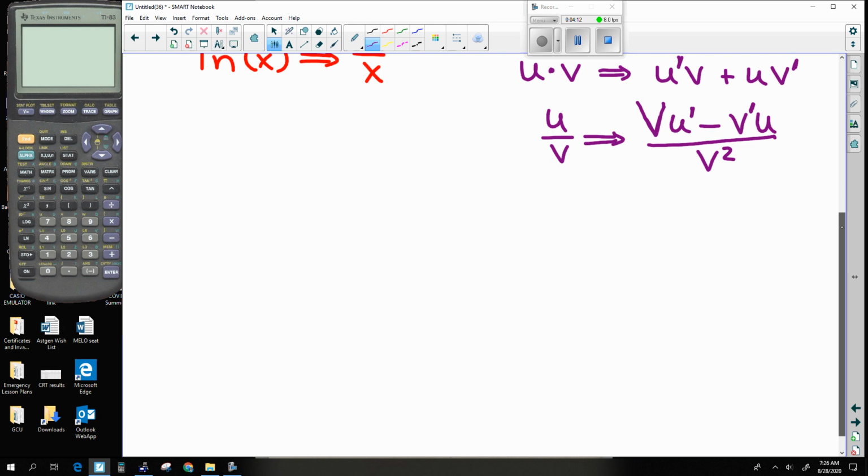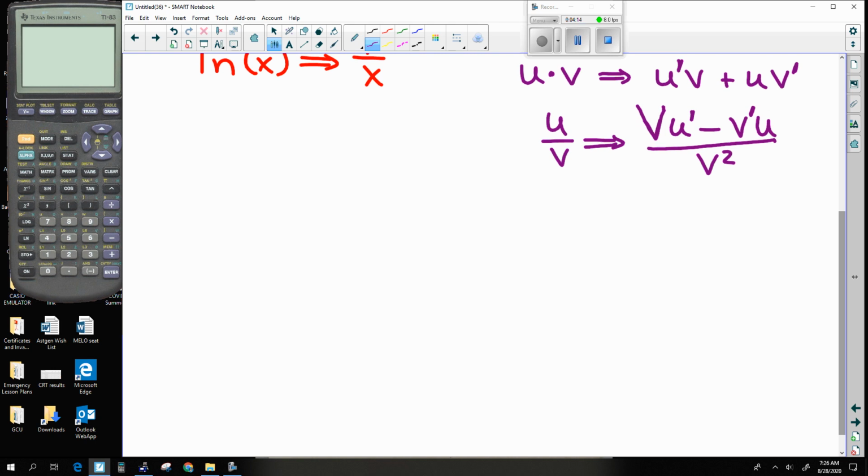All right. Now, last lesson, we talked about the chain rule. And the chain rule is the layers of an onion. To get the derivative of something that has layers, you start at the outside and you keep working in and in and in. All right? So you've got to look at embedded functions.